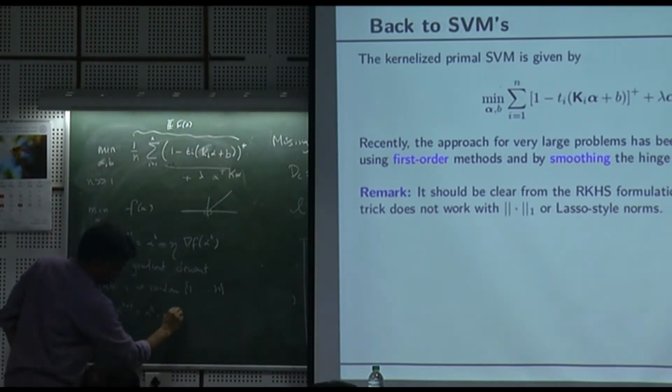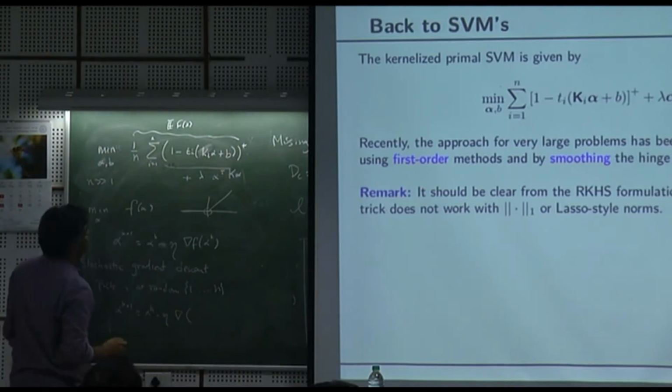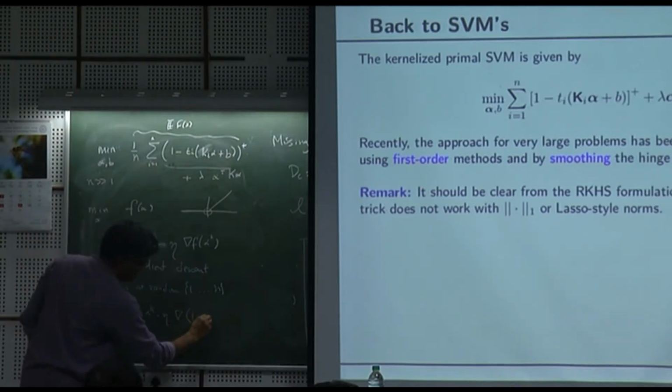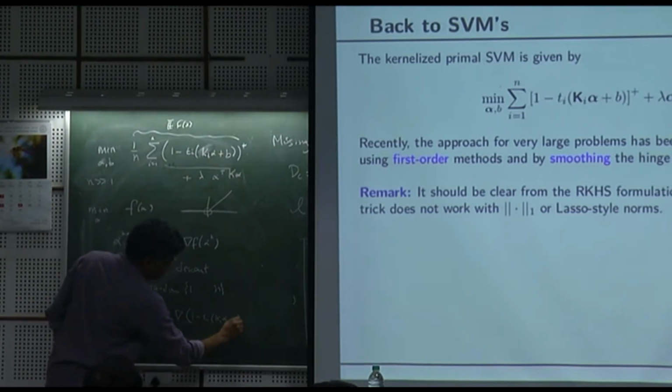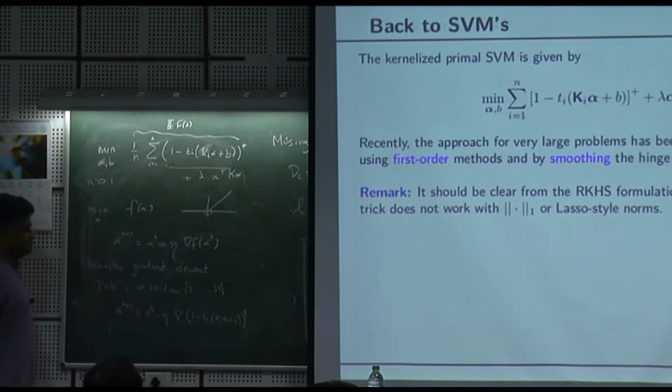Let's say I'm going to abuse notation and say this is the gradient of (1 minus t_i k_i alpha plus b) positive part. Just one data point. Take a step, next time go back, pick i at random, keep on going. Question? Okay. Now, in order for this to work, I have to define this gradient.